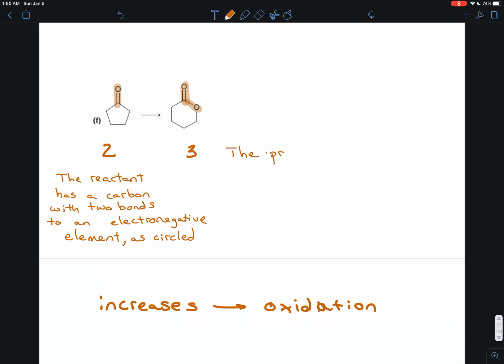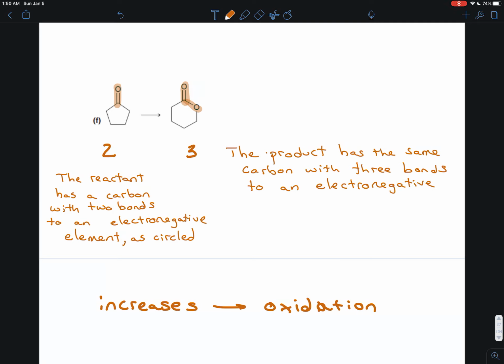The product has the same carbon with 3 bonds to 2 electronegative atoms, and again, as circled.